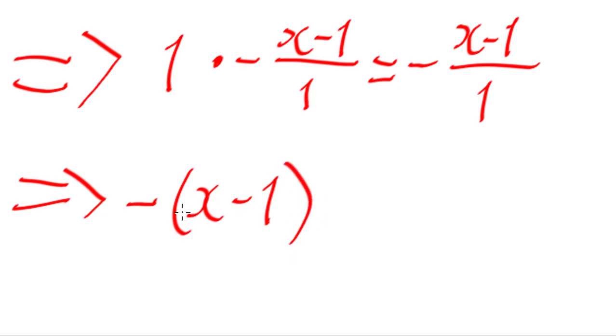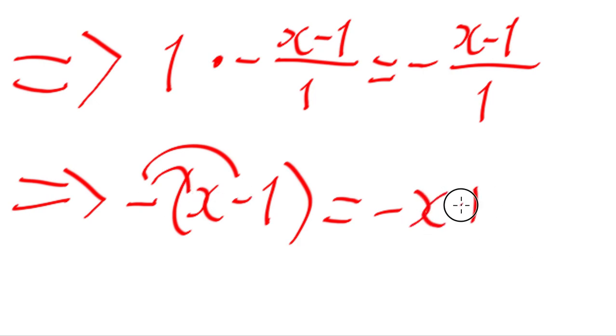So I think we need to simplify by distributing the negative sign. By the distribution property, distribute this to both terms. So what we have is negative x, and negative 1 times 1 is positive 1. And furthermore, to fix this up, it's not good to look at the first term as negative.